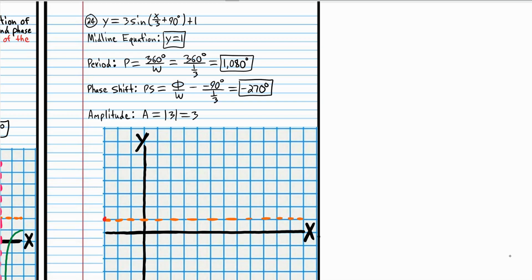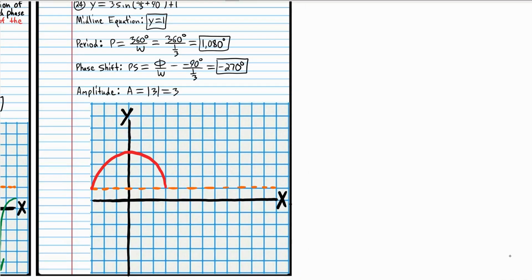And the amplitude is 3, so I have to go all the way up to 3. So the first 3 boxes are going to be the first part of the graph. So it's going to look something like that. And then like this.